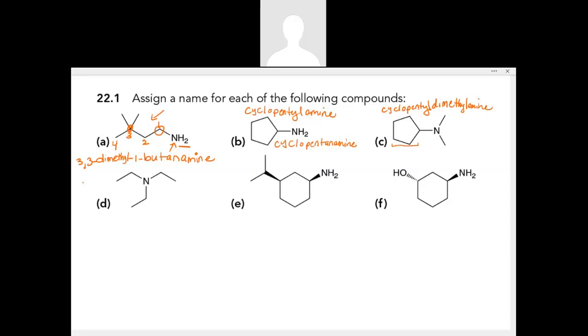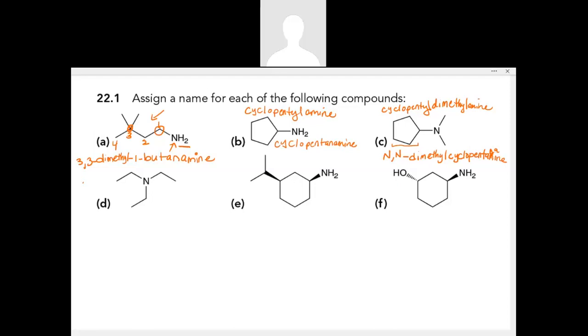So we would name each of these substituents on the nitrogen. We would call this an N,N-dimethyl, and then the cyclopentanamine parent. So there should be an extra syllable in there.